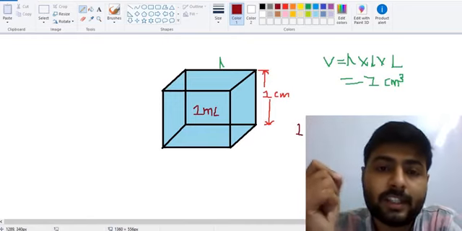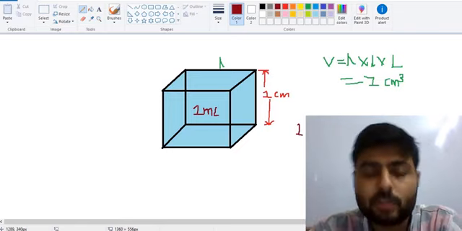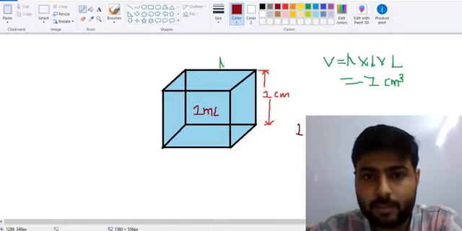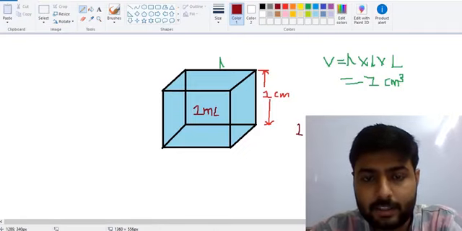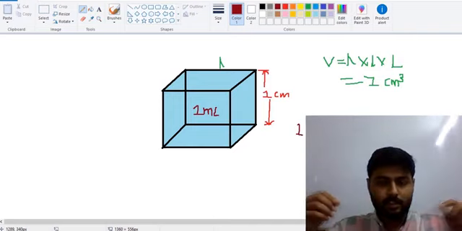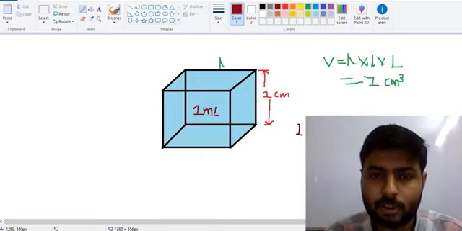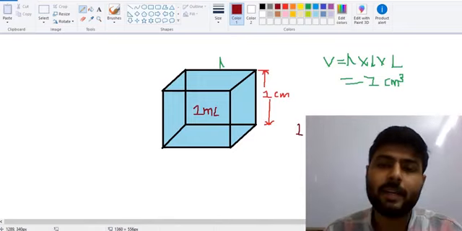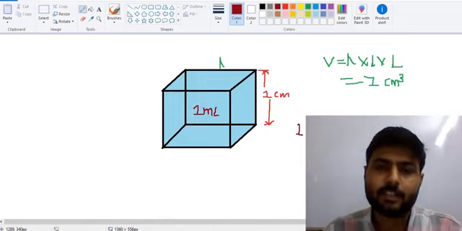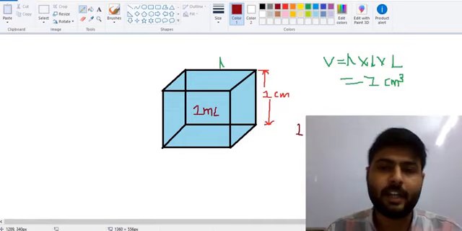1 meter cube is equal to 1000 liter, which means if you have one cubical tank with length 1 meter, breadth 1 meter, height 1 meter, it is a cube. So all sides are the same, and the length of this side is 1 meter. So we can say that the volume of this cube is 1 meter cube.